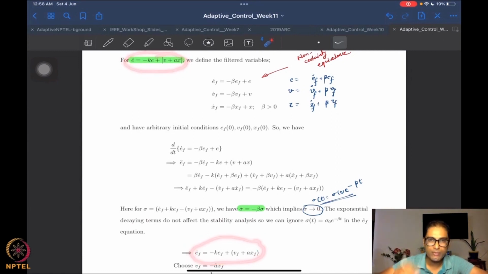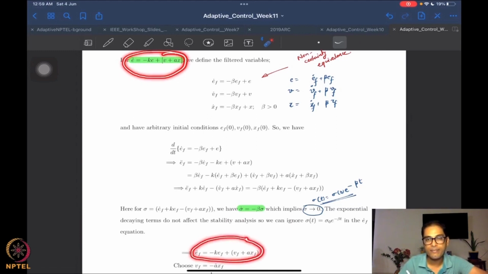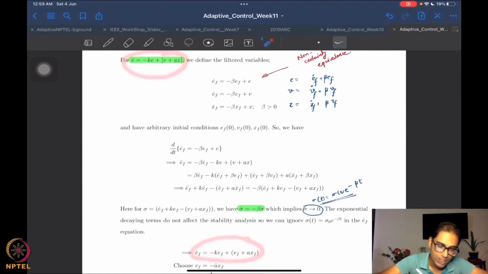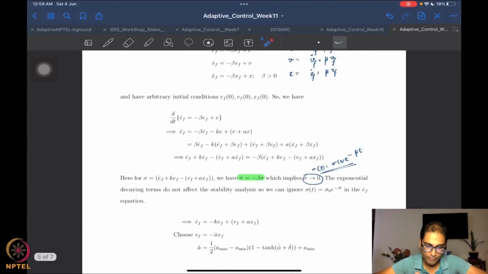This is very critical. The original dynamics and the filtered dynamics are precisely the same except for the filtered variables appearing in place of the original variables. This is the magic of this kind of filter construction. This nice neat outcome happened because of the filter construction, and you want these to have the same structure.